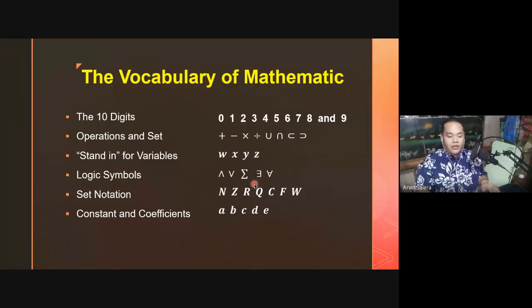Next, the Q. The Q stands for the quotient, for rational numbers. Again, N earlier for natural numbers, Z for integers. By the way, why is Z the symbol? Because of the word zahl, which is a German word for numbers. Those are integers. R for real numbers. Q for rational numbers, because of the word quotient.